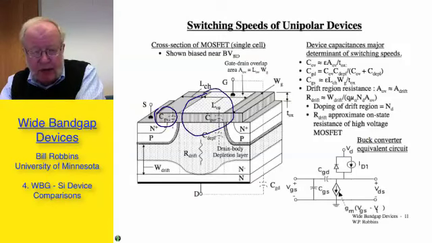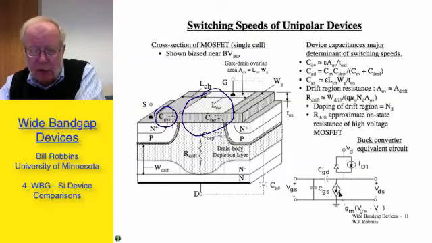The gate-to-drain capacitance is principally that overlap capacitance, and it has two components, the oxide capacitance and the depletion layer capacitance.